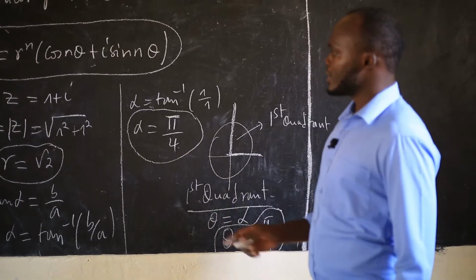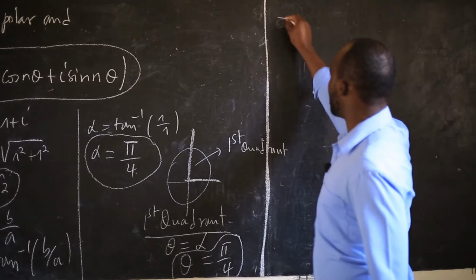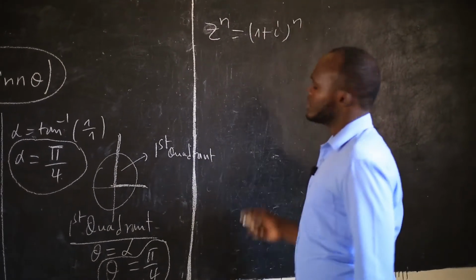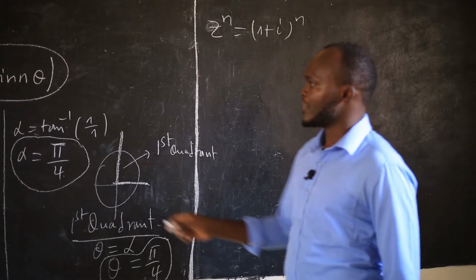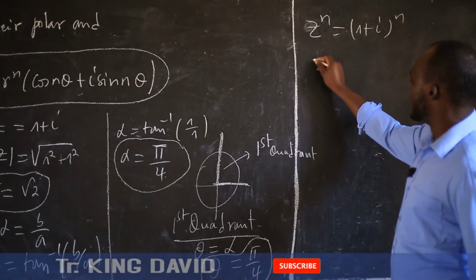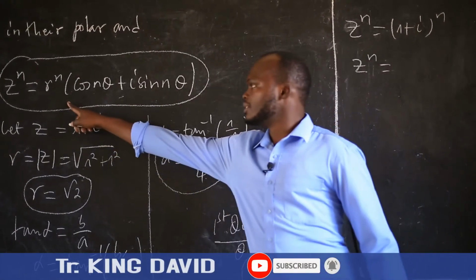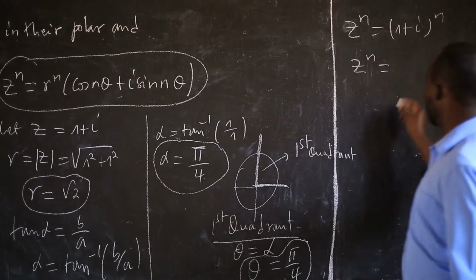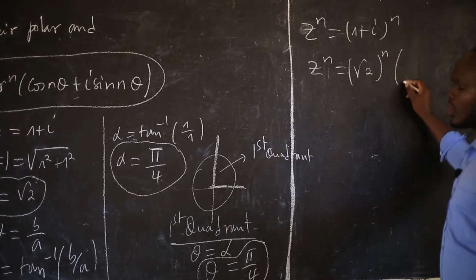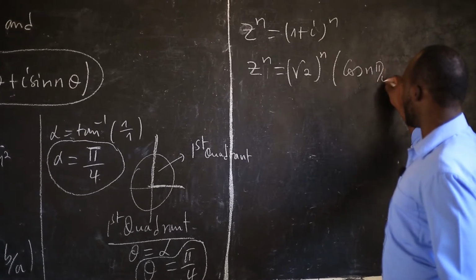So what will be z^n, which is (1 + i)^n? By using De Moivre's theorem, z^n equals r^n, and our r is root 2, so it is (root 2)^n (cos nθ + i sin nθ), where our angle is pi over 4.